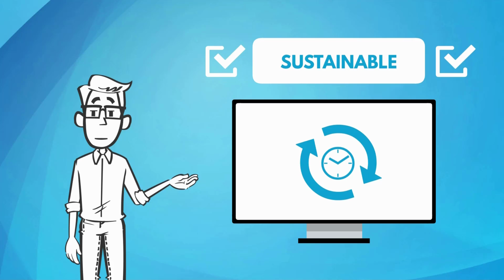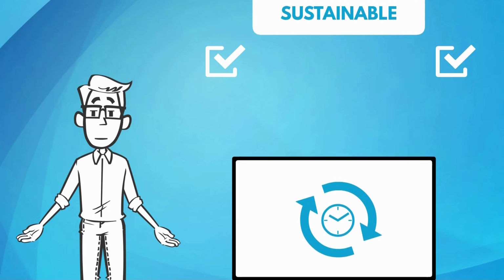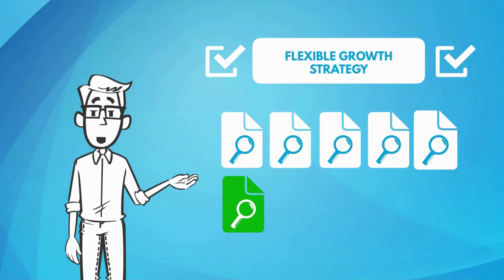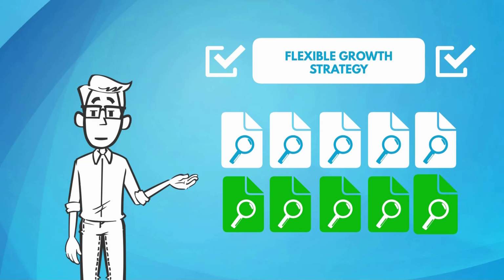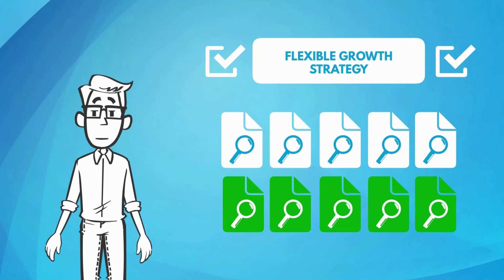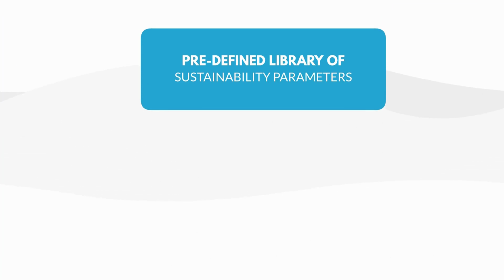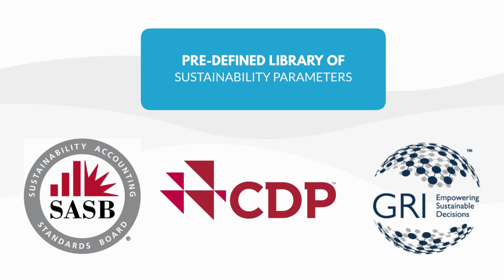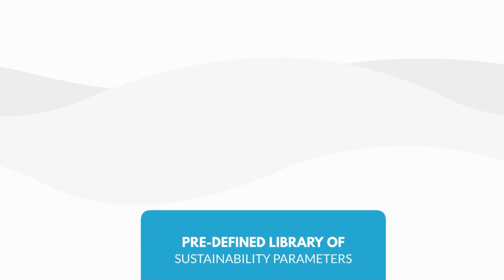ERA has developed a sustainability module based on a flexible growth strategy, allowing your organization to grow while tracking your parameters as your goals and targets change. The module comes with a predefined library of sustainability parameters compiled from various sustainability standards such as SASB, CDP, GRI, and others.